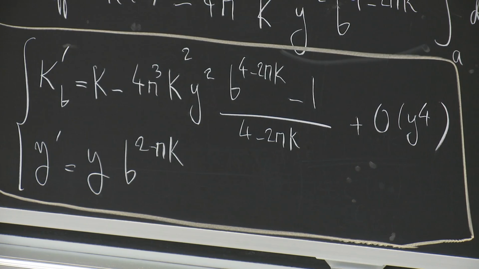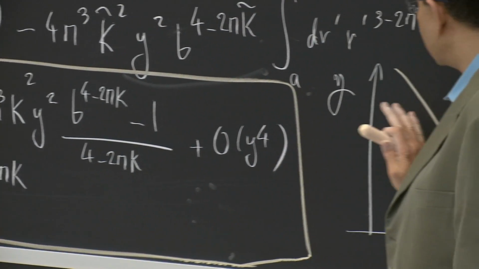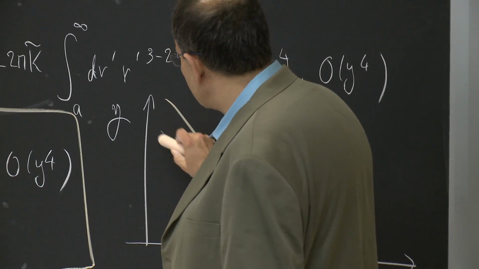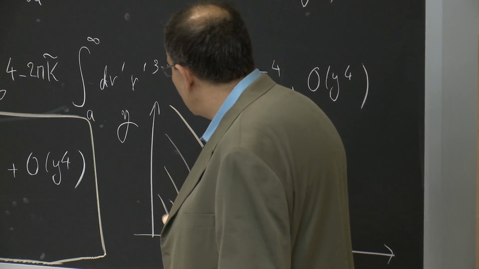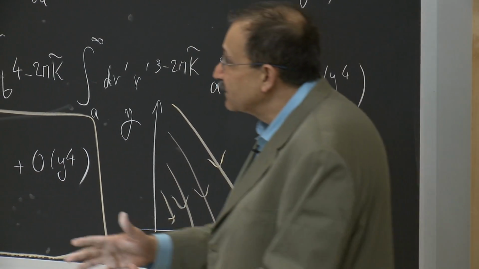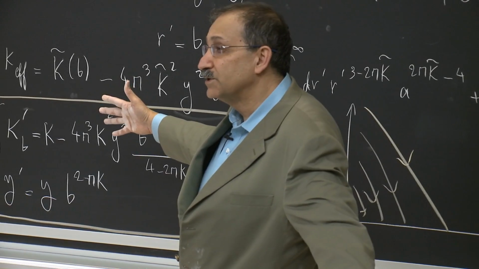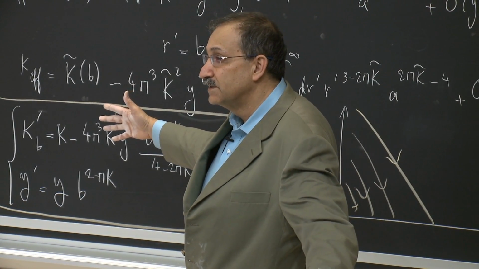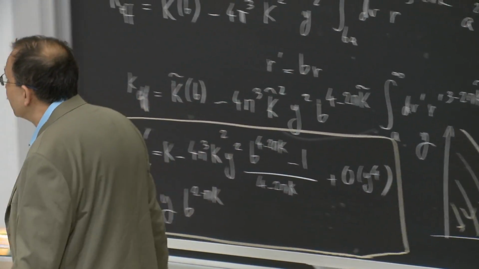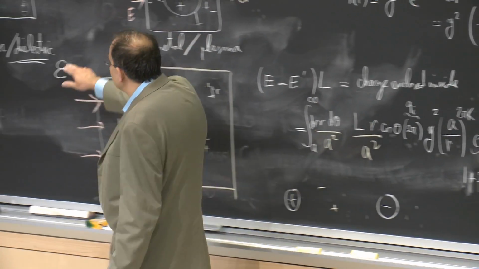One set of behavior parameterizes the low temperature dilute limit that corresponds to flows in which y goes to 0, so that when you look at the system at larger and larger length scales, essentially it becomes less and less populated by these excitations.